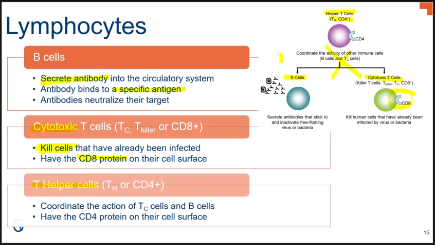And cytotoxic T cells have the CD8 protein on their cell surface, which you can see here. Whereas our helper T cells have that CD4 surface protein, which is targeted by HIV. What the helper T cells do is differentiate into other cells, but they are also going to coordinate the activity of cytotoxic T cells and B cells.